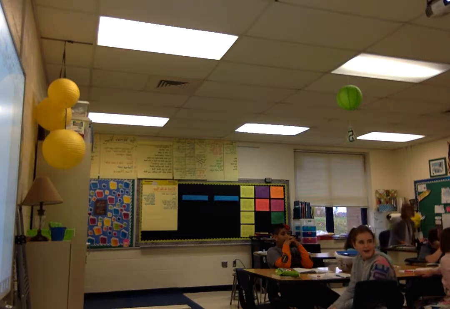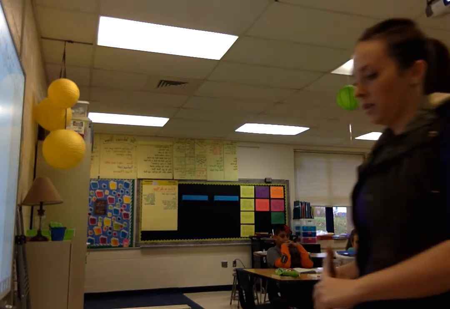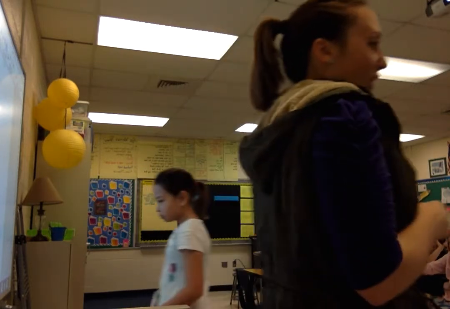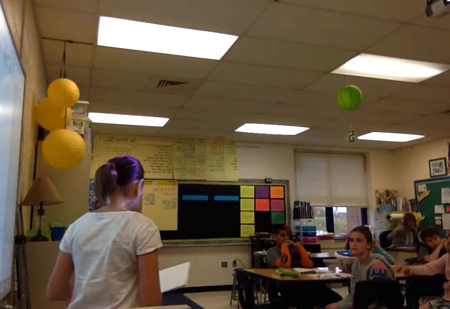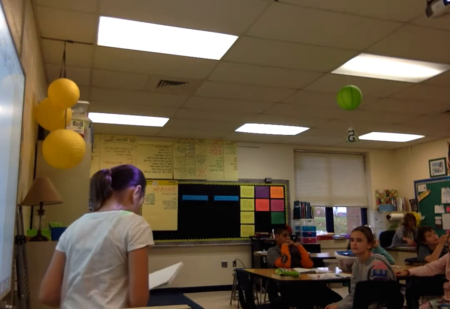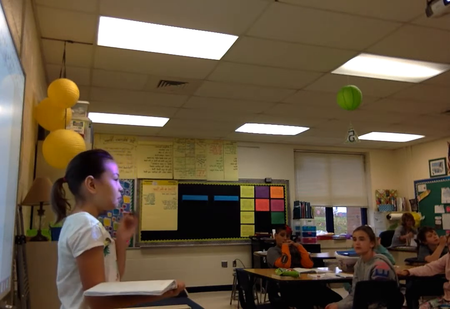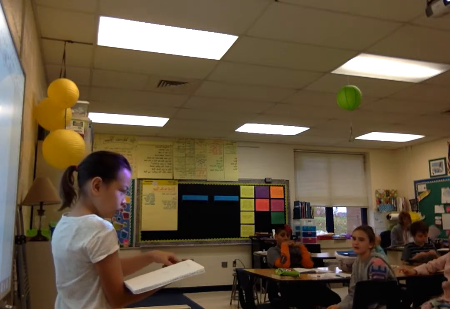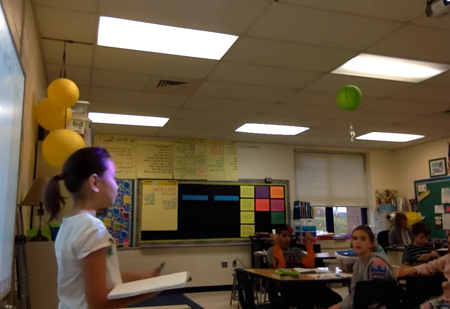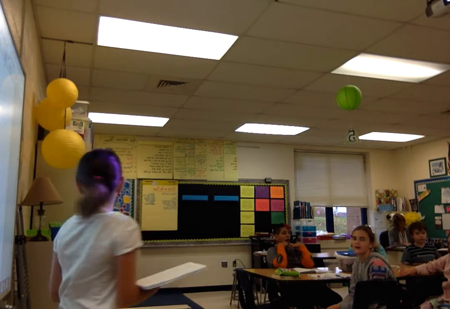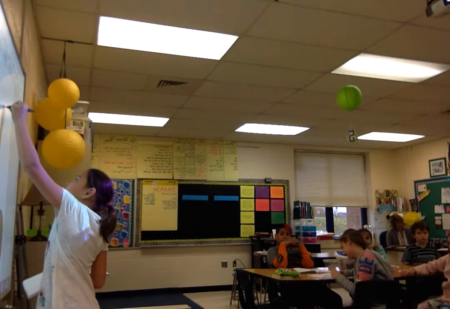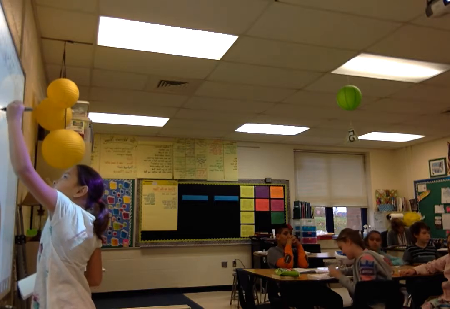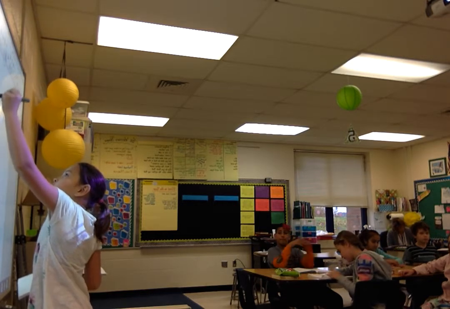Jenny's going to come show you. How many people are there total? Four. Ah, there's not 4. Nigel, who are they missing? Kara, right? So there's 5.